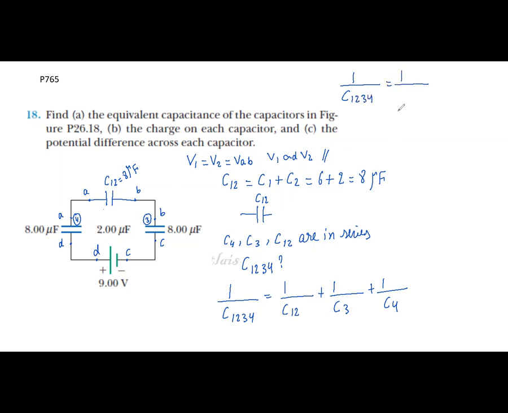So we calculate: 1 divided by C12 equals 8, plus 1 divided by C3 equals 8, and C4 equals 8. So we get 1 over 8, 1 plus 1 plus 1, we have 3.